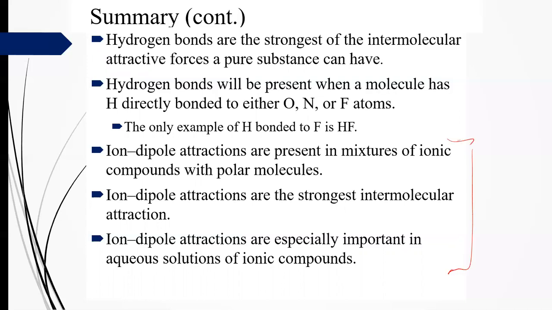So they are stronger than hydrogen bonds, but you can't really have one compound that has both ions and dipoles. That's why hydrogen bonds are generally considered to be the strongest one for a pure substance. And ion dipoles are especially important when we talk about solutions, so we'll get into that in chapter 12.